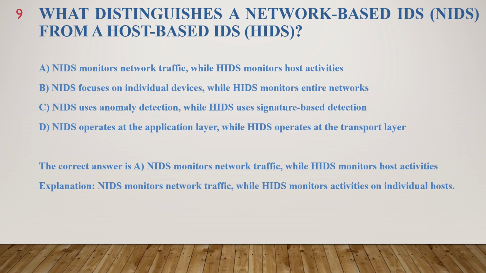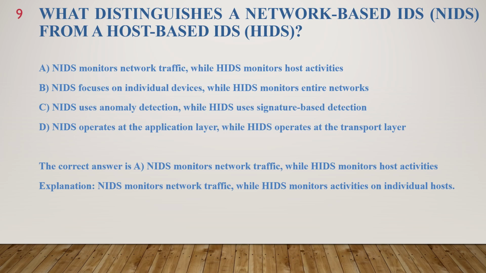B. Network intrusion detection system focuses on individual devices, while host intrusion detection system monitors entire networks. This is incorrect. Network intrusion detection system monitors the entire network, not just individual devices. Host intrusion detection system, conversely, focuses on specific devices within the network.